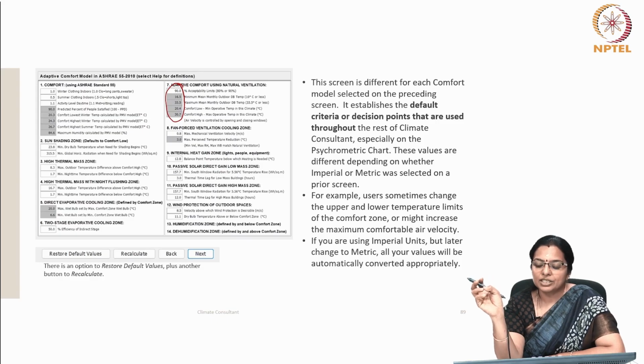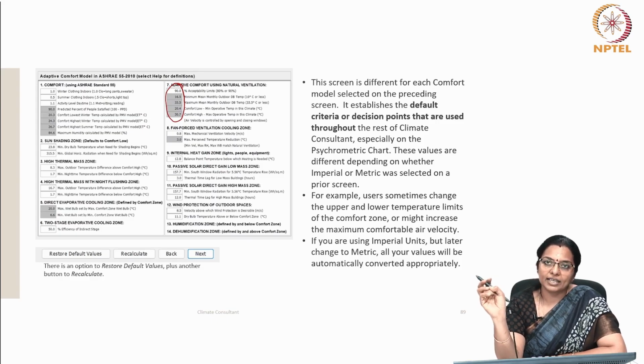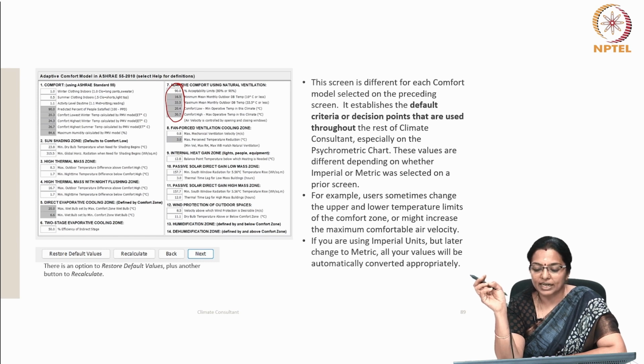It establishes the default criteria or decision points that are used throughout the rest of Climate Consultant, especially on the psychrometric chart. These values are different depending on whether imperial or metric was selected on a prior screen.